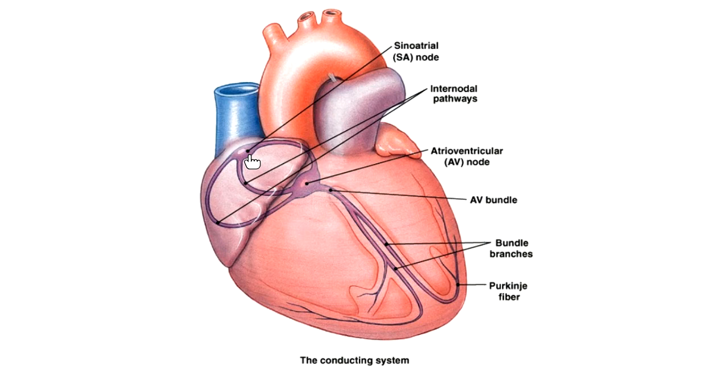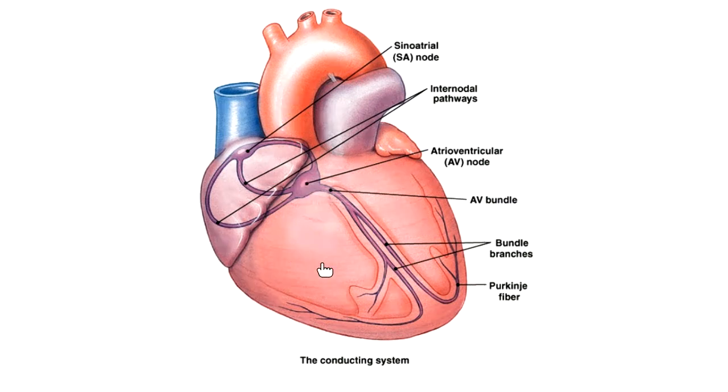Now, he's going to pass that AP through these internodal pathways. That's going to trigger the atria to contract. And there, the destination is the AV node. The AP is going to arrive there, and there's going to be a pause. There's going to be a delay. It's just a split second, but that's enough time to allow the atria to contract and to start relaxing before the ventricles contract.